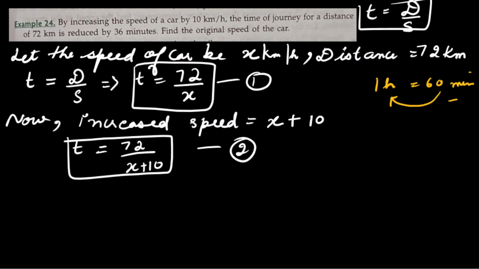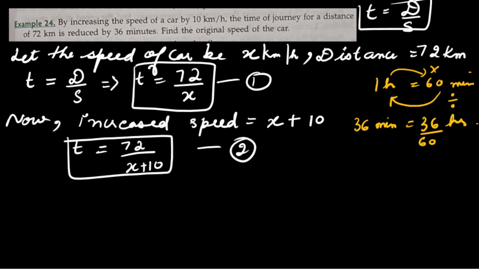Whenever we convert smaller to bigger, we do division. Bigger to smaller, we do multiplication. So 36 minutes converted to hours will be 36 divided by 60 hours.